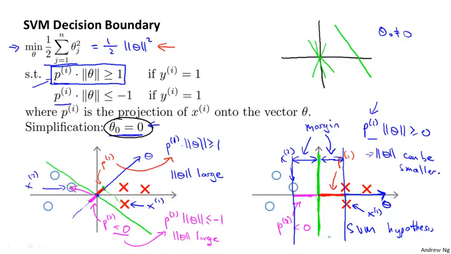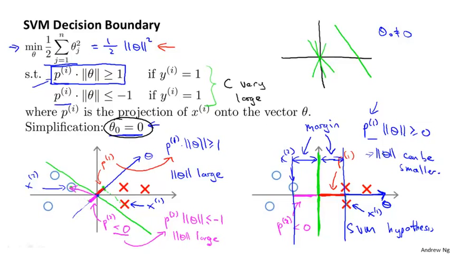There's a generalization of this argument that we just went through, and I'm not going to go through it, that shows that even when theta 0 is non-zero, what the SVM is trying to do, when you have this optimization objective, which again corresponds to the case of when C is very large, is really trying to find a large margin separator between the positive and the negative examples.